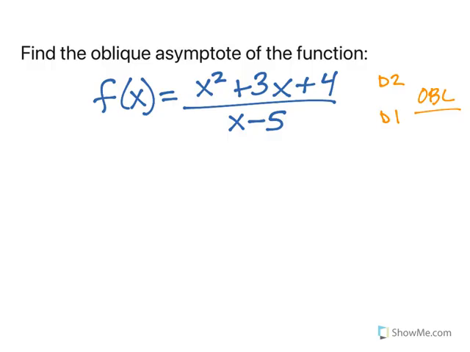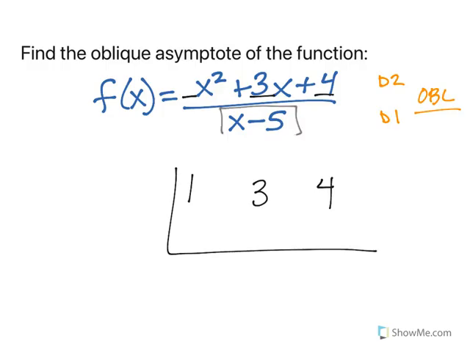So remember, with synthetic division, we start with our coefficients and our constants. So I'm going to have 1, 3, 4. And then the number on the outside is based off of, well, we're dividing by x minus 5. So what makes that 0? Well, x equals 5 makes that 0. So 5 is what we are going to put on the outside for our synthetic division.